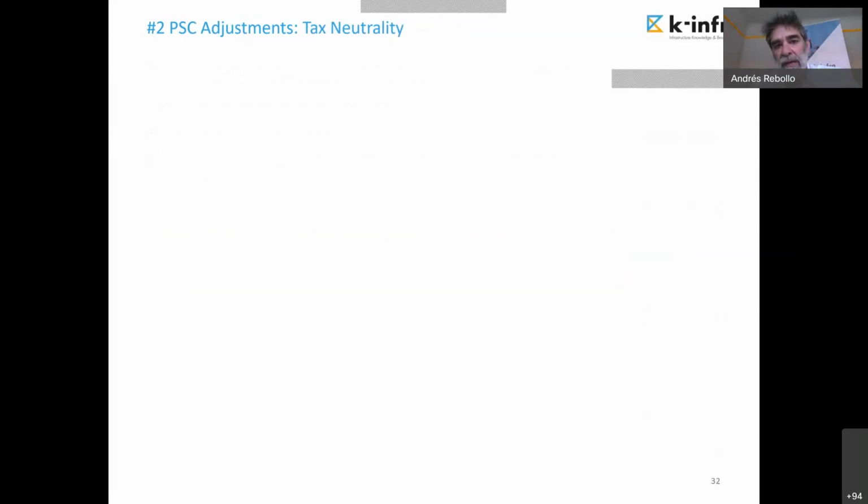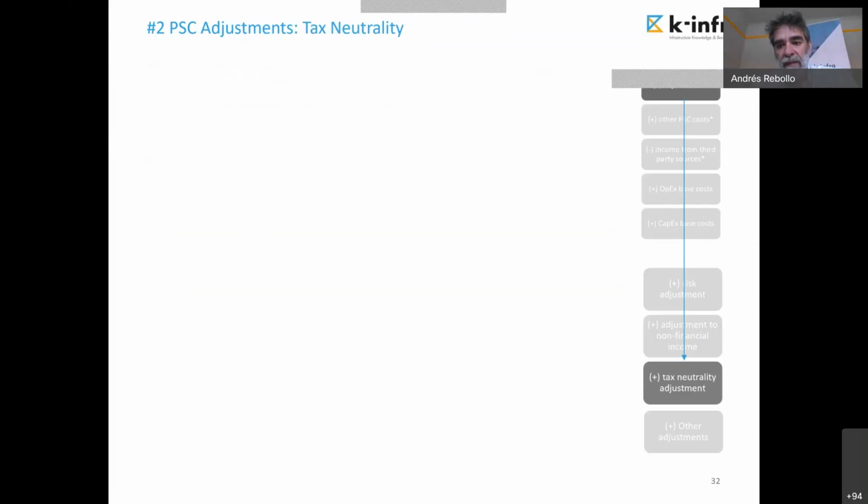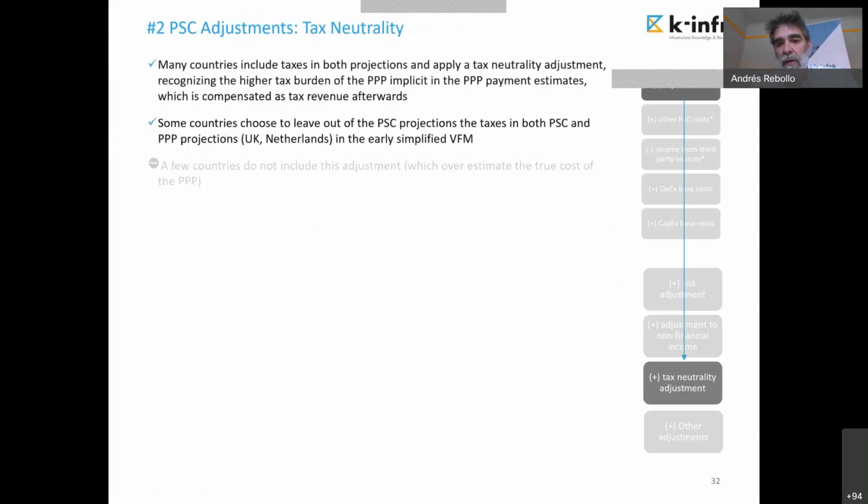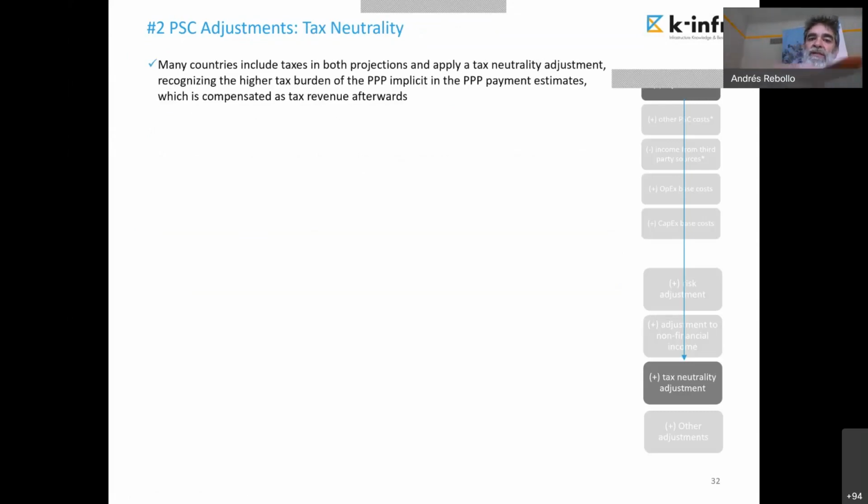And tax neutrality, that's the other big adjustment for the CP3P. So we already discussed this, no? Many countries include taxes in both projections. Okay? So when you are putting in the spreadsheet payments to be made to the different contractors in the PSC, which includes the price of the contract, which includes the tax cost that the contractor is suffering, and the same with the PPP payments.